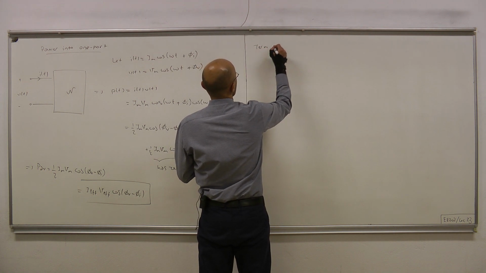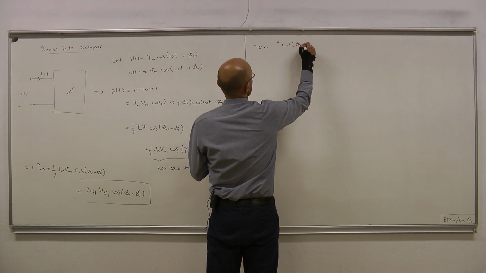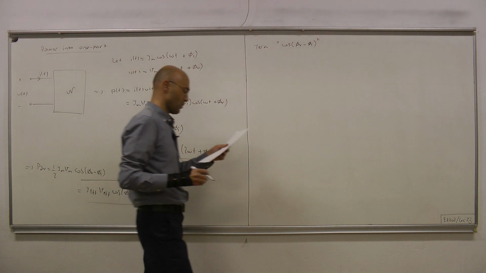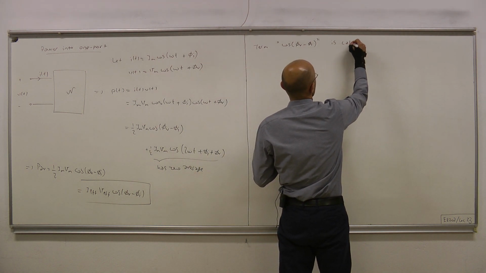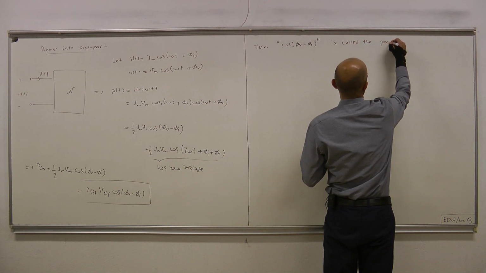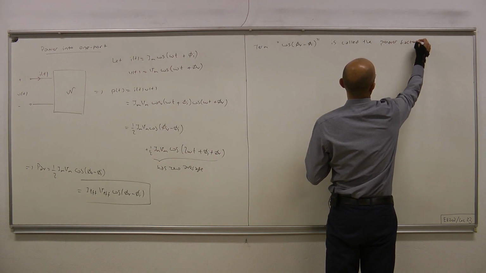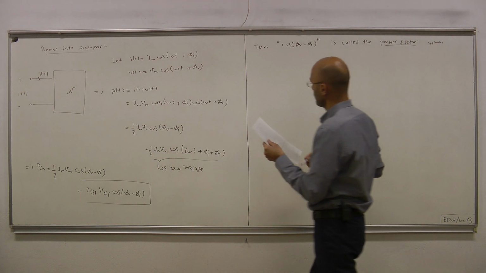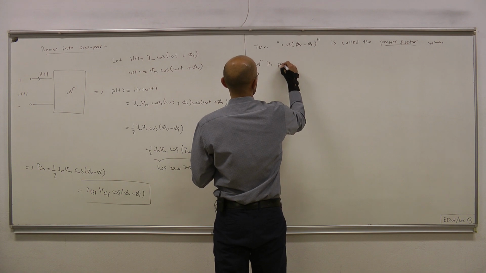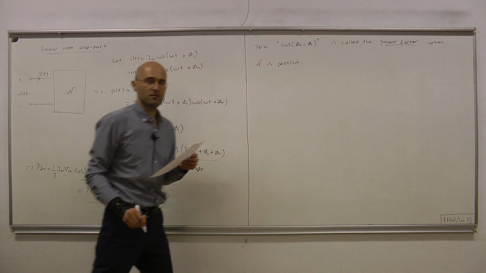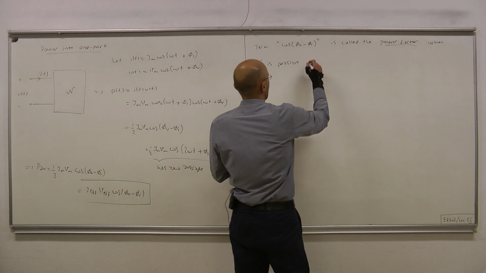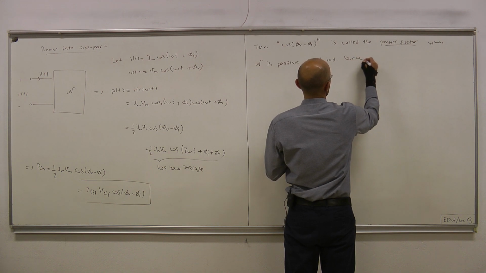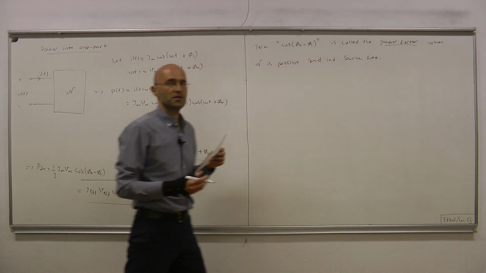The term cosine phi v minus phi I is called the power factor when the one port is passive and independent source free. Okay, there are no independent sources inside.